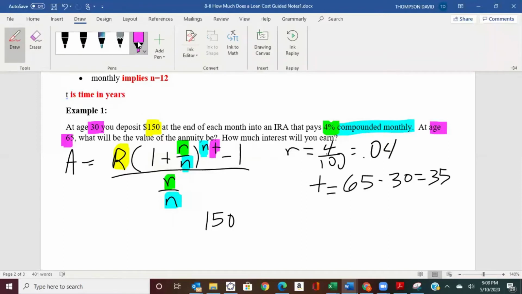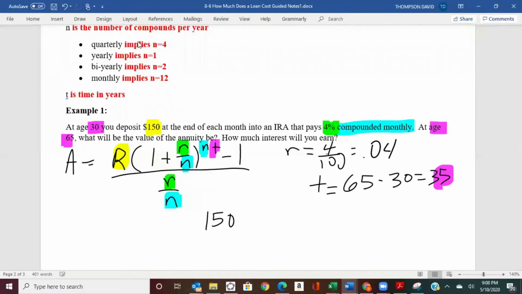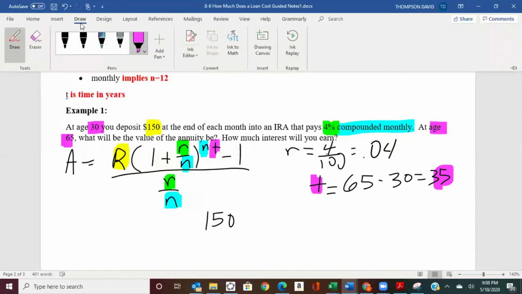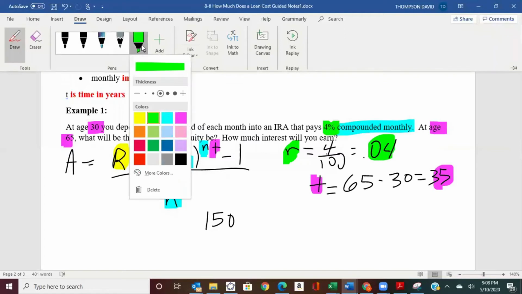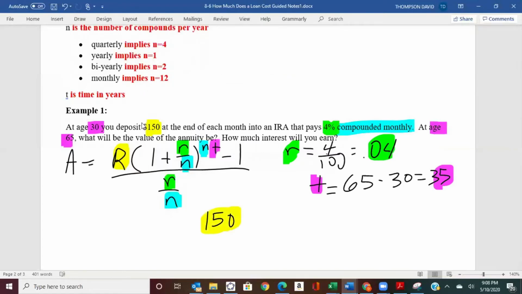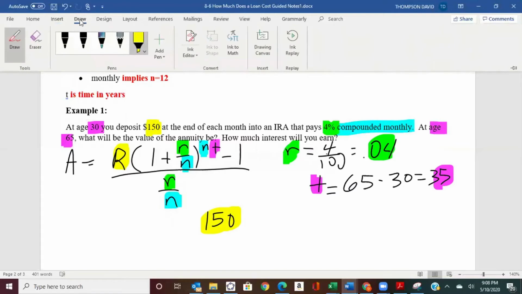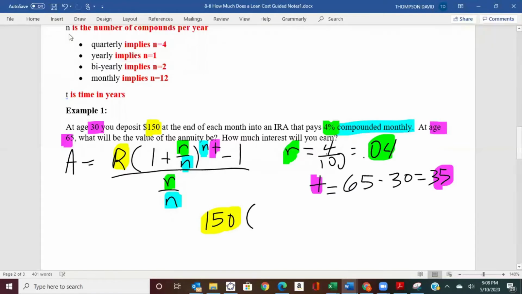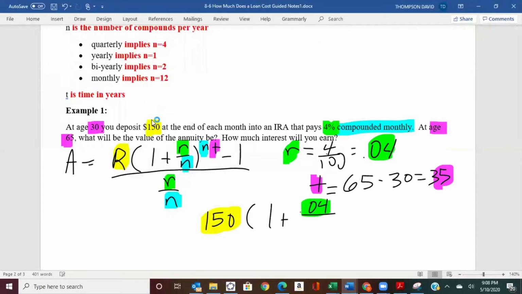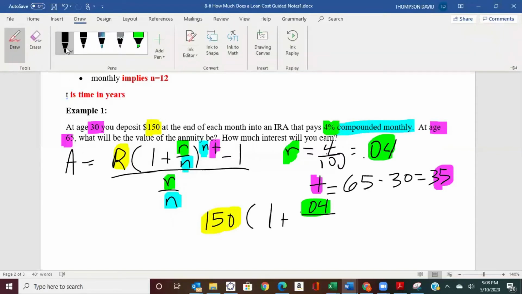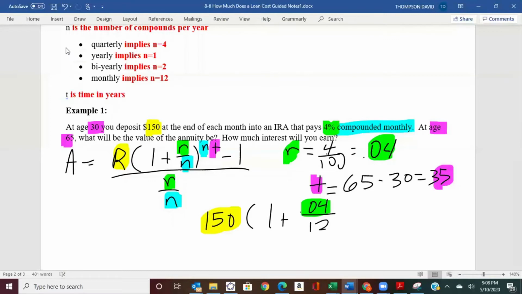Grab the highlighters. So again, T is 35. Percent R is green. And then let's start with the yellow. One plus 0.04. And we'll grab the green real quick. The number of compounds is monthly, so it's going to be 12.